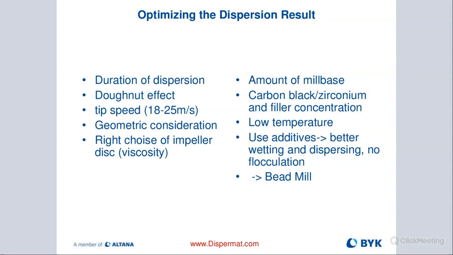The volume of mill base, we recommend usually about 50% of the container size, but you can go up to about 70% or as low as 40%. But you shouldn't go lower or higher, otherwise you're spilling. If you go too low, then you're not able to properly oscillate the blade, and it's not ideal either.